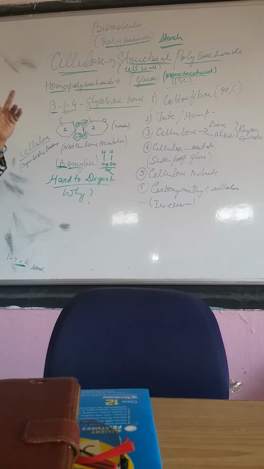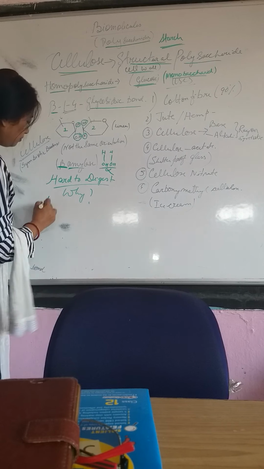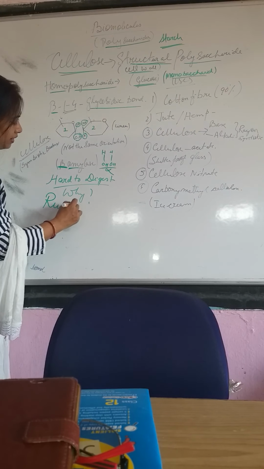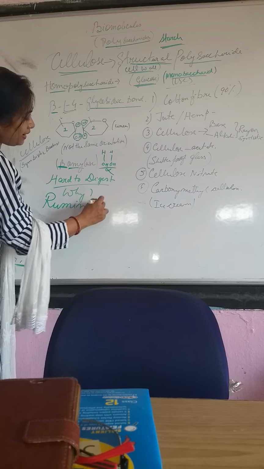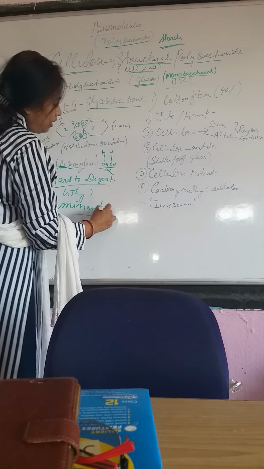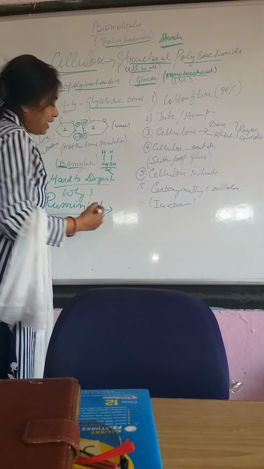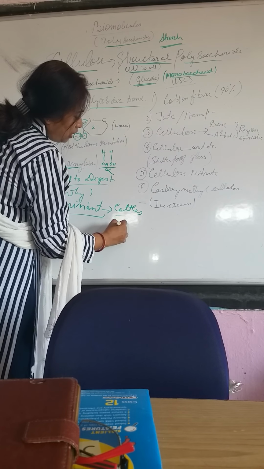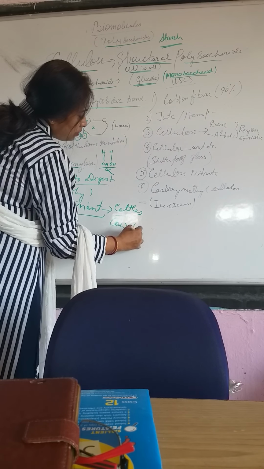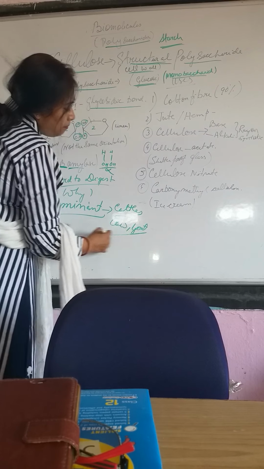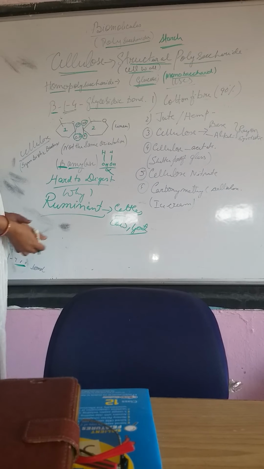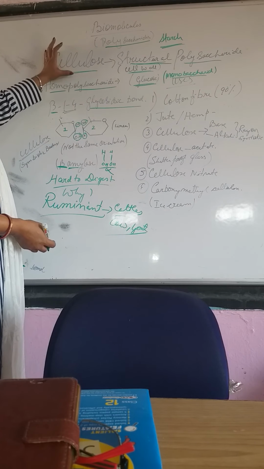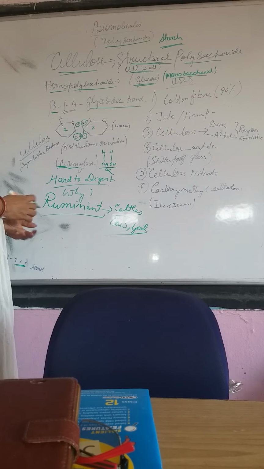Now you see, ruminant animals. What are ruminants? Ruminant animals, that means cattle, the cud-chewing animals, especially cow and goat. The main part of their food consists of cellulose. So how do they digest it?